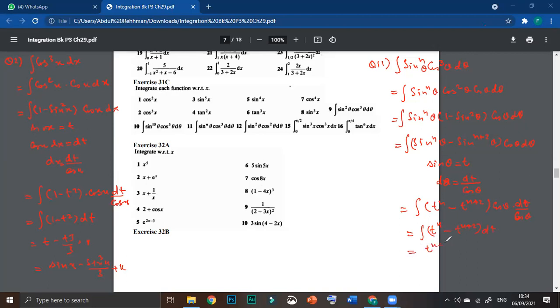This gives t power n plus 1 over n plus 1 minus t power n plus 2 over n plus 2 plus k. T is sine theta.